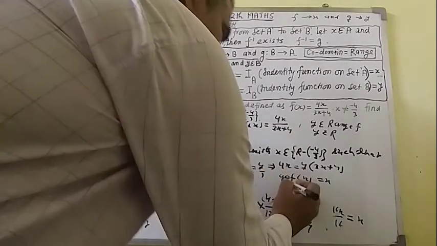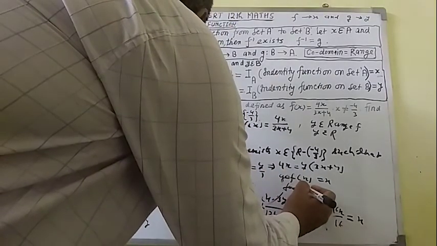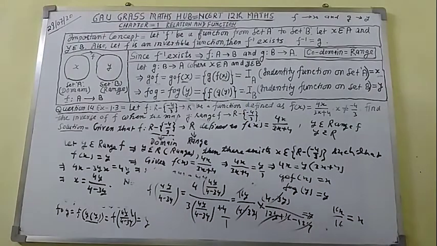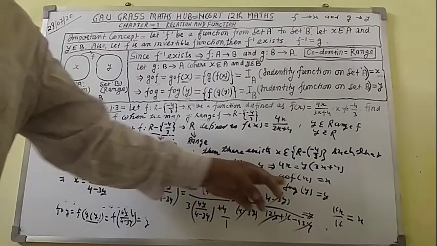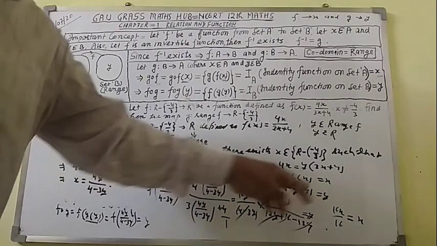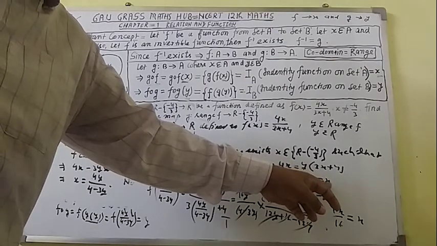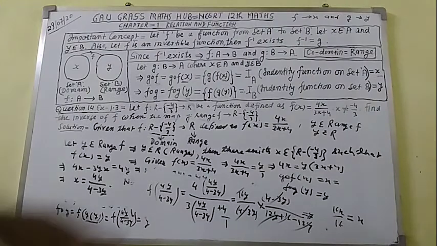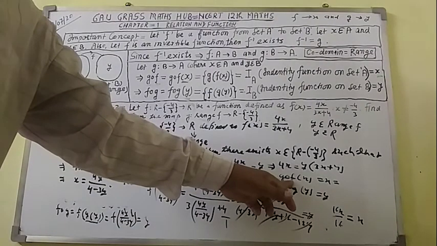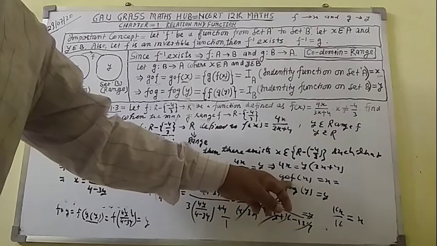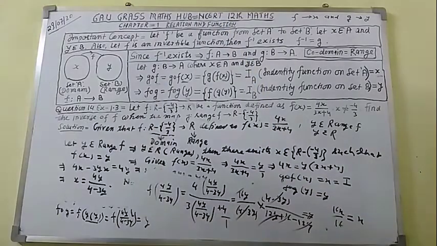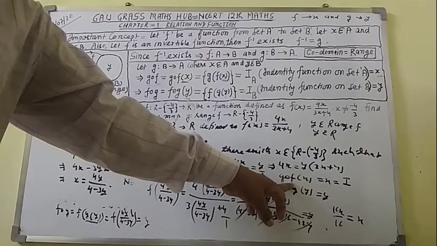So here you can write f of g of y gives us y, and at last you can write g of f of x gives us x and f of g of y gives us y. So this will become the identity function, because x is given, and at last f is there so it gives x.